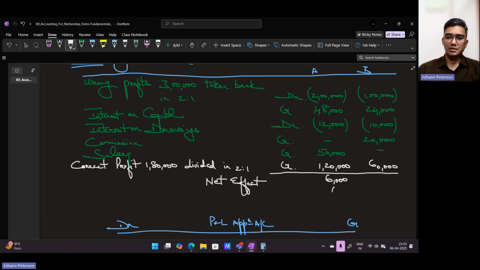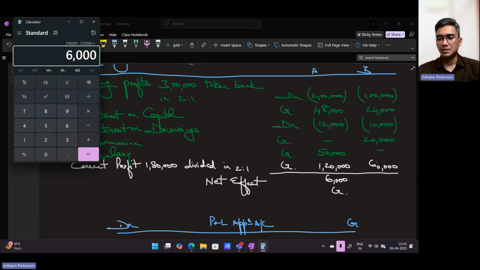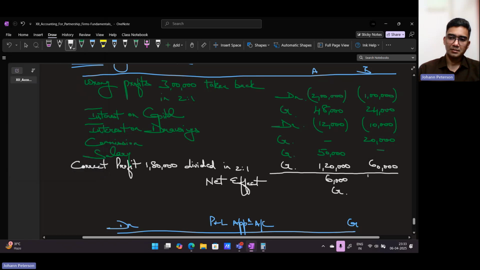This will be of the plus, so that means a credit, and the other one will be 24,000 plus 20,000 plus 60,000, and minus 110, which is minus 6.